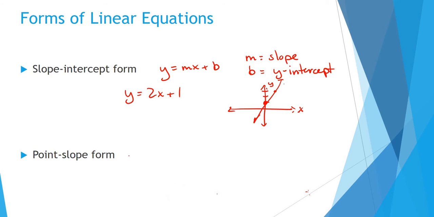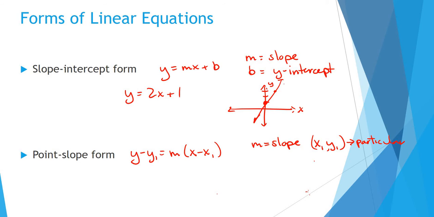The other form is the point-slope form. Y minus y sub 1 equals m times x minus x sub 1. Again, m is the slope here, but the ordered pair x sub 1, y sub 1 is a particular point, or a unique point on the graph.